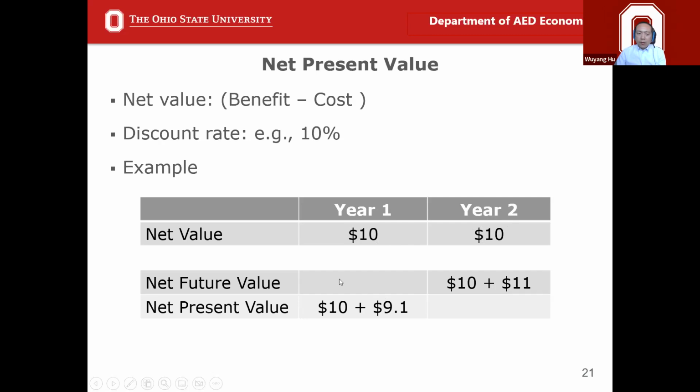Now, if I ask you, what is the future value of this plan? The future value is, I'm going to receive 10 at the end of year 2, but don't forget, I have received $10 from year 1. By the time of the second year, that's already last year, so it's going to accumulate some interest. If I assume the interest is about 10%, then the future value of this plan is $21.